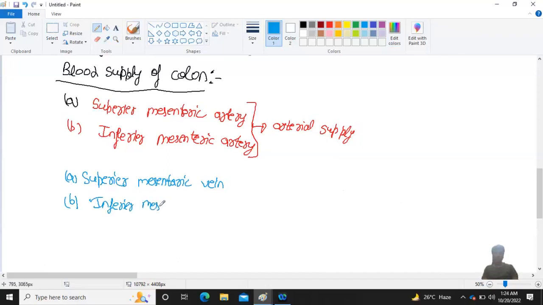These are part of the portal venous system.